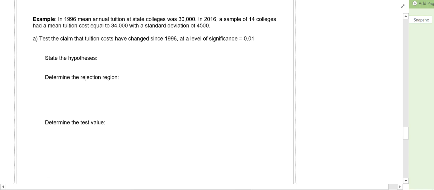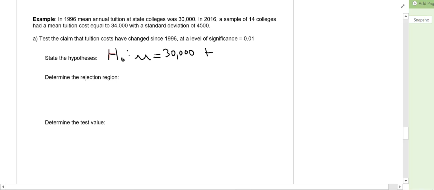Our hypothesis here, or the null hypothesis, is that, again, the status quo. H naught is that the mean cost in 2016 is still $30,000, right? The status quo.